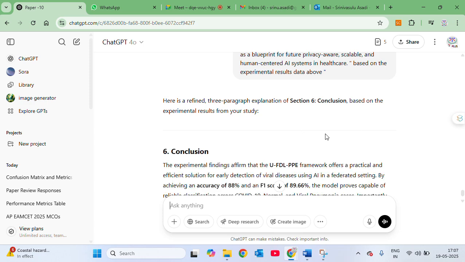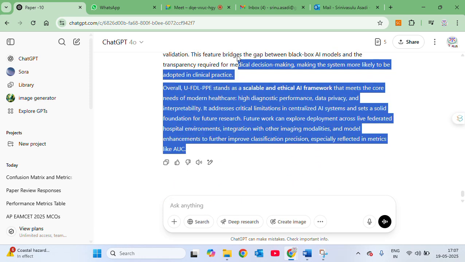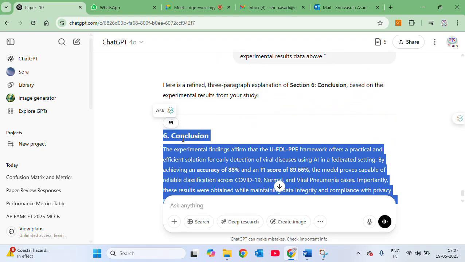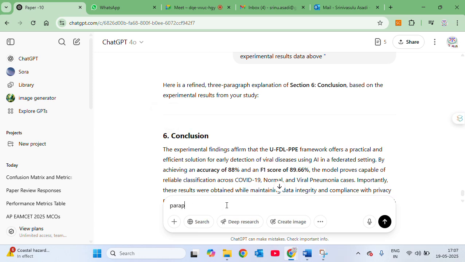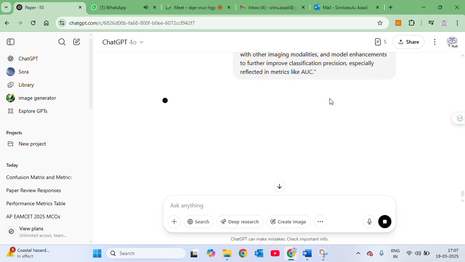How to prepare future work I will explain now. So this is the conclusion part. We need to paraphrase and make it into humanoid text for this data. So now we are preparing.